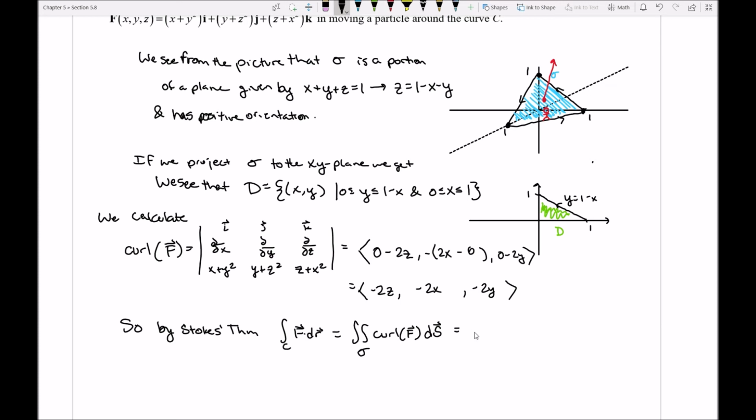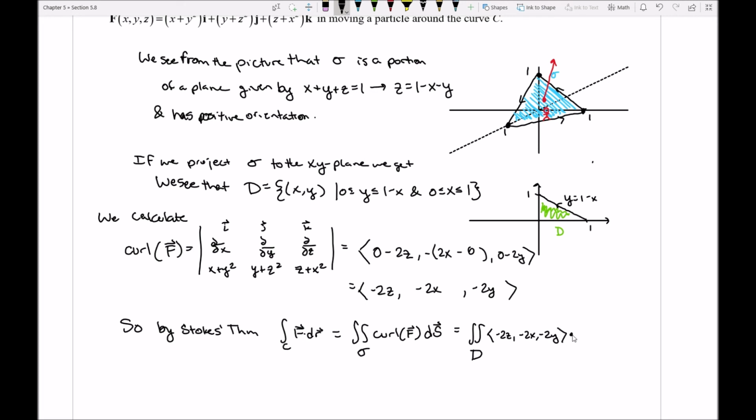So I can go ahead here and recall that this is actually just going to be equivalent to doing my double integral over D, where that surface is defined. I can input what my curl of f is actually going to be, which in this case is negative 2z, negative 2x, negative 2y.